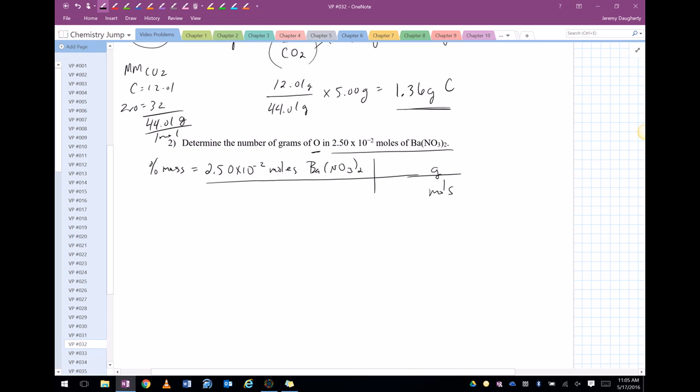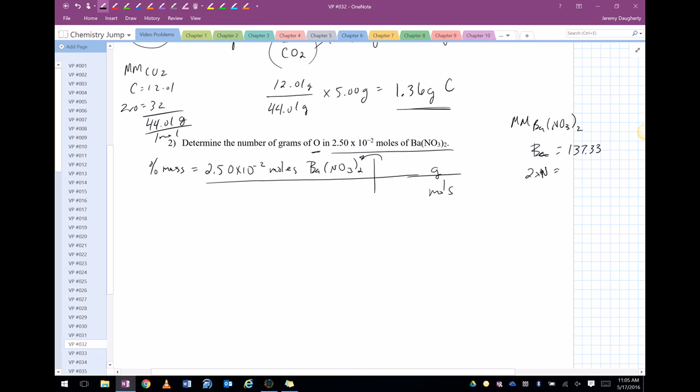Grams over moles, moles over grams, that's molar mass, and it's the molar mass of whatever's in front of it, which in this case is barium nitrate. So let me get the molar mass of barium nitrate here. All right, so we've got a barium, get out your periodic table. What do you do to a dead guy? You bury him. That's 137.33. How many nitrogens? We've got 2 nitrogens.